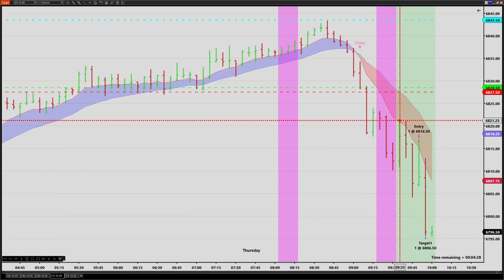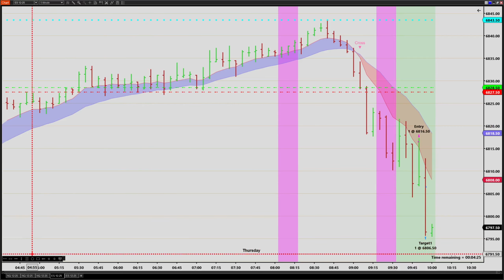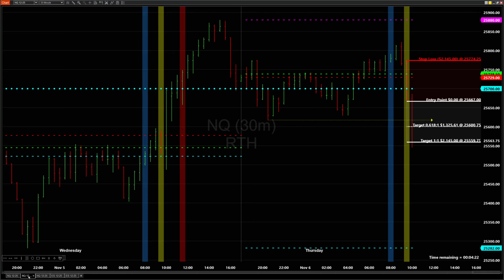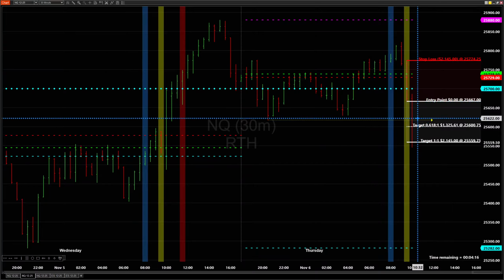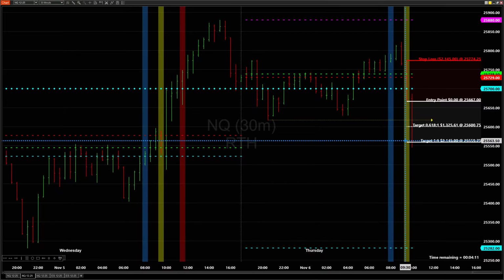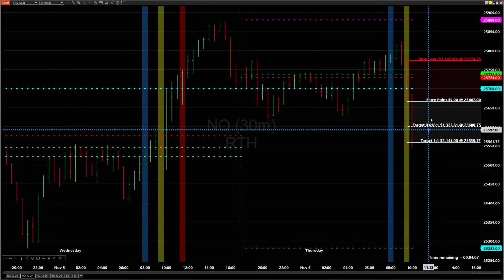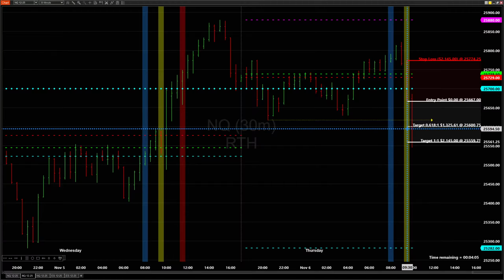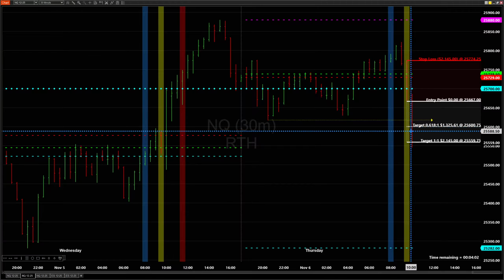I didn't trade this one because at the time I was trading the NQ. That's my main trader. Take a look here. You can probably figure out what happened here. Here's my fixed bar short entry. I traded 2 contracts.